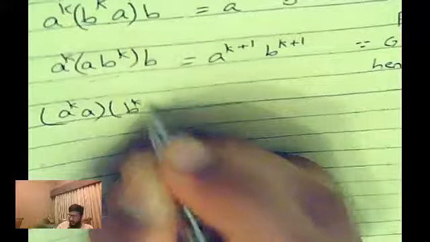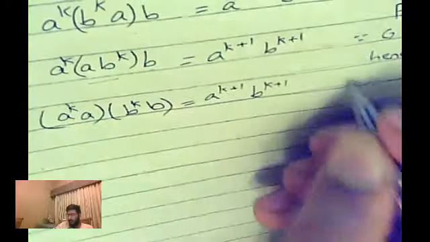This implies A^k times A, B^k times B equals A raised to the power k plus 1, B raised to the power k plus 1. Reason: associative property.